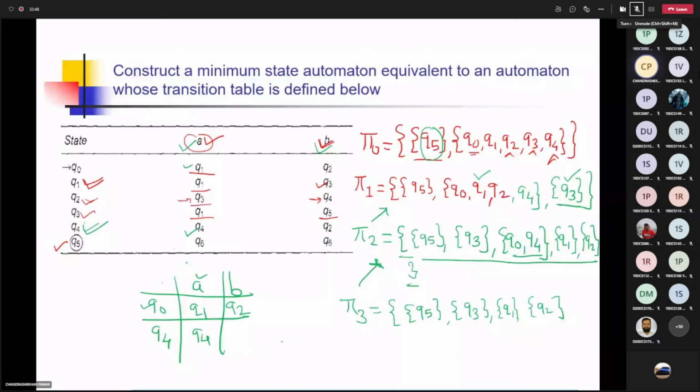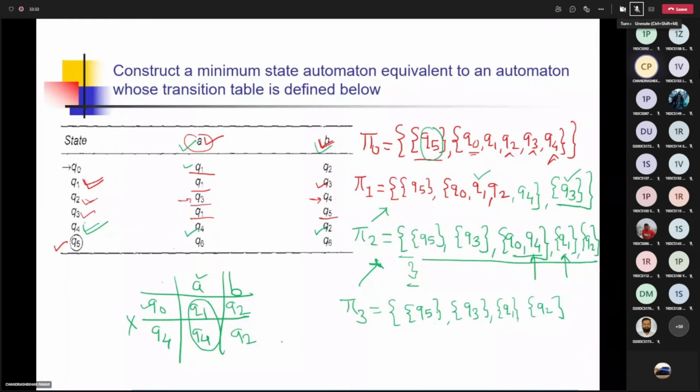Next, Q4 with input B goes to Q2. Now if you observe here, Q0 and Q4 have the transition for input A, that is Q1 and Q4. Within the pi2, Q1 and Q4 are within the different sets. Q1 is here and Q4 is here. So they are not equivalent now for the pi3.